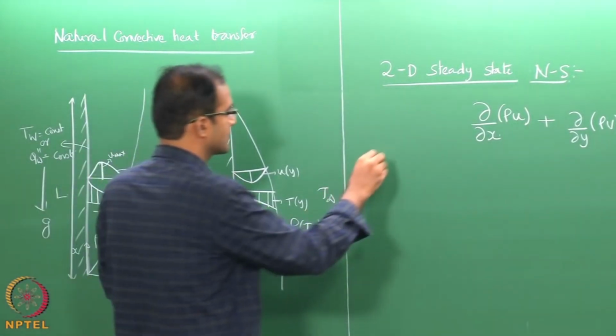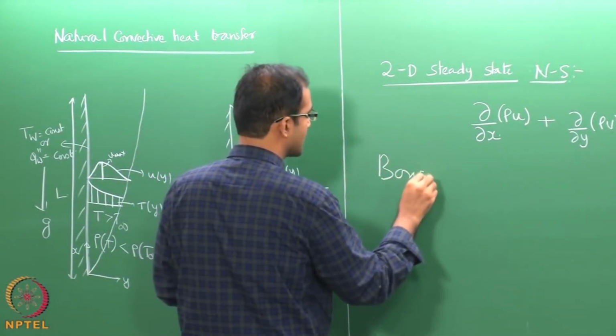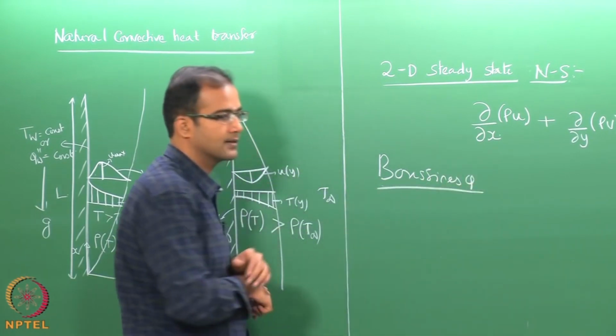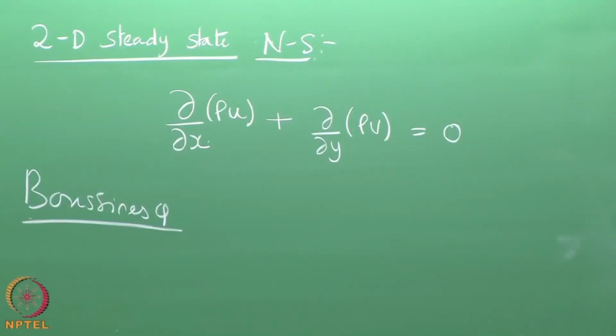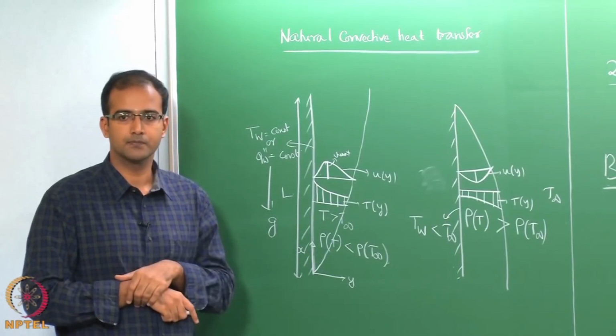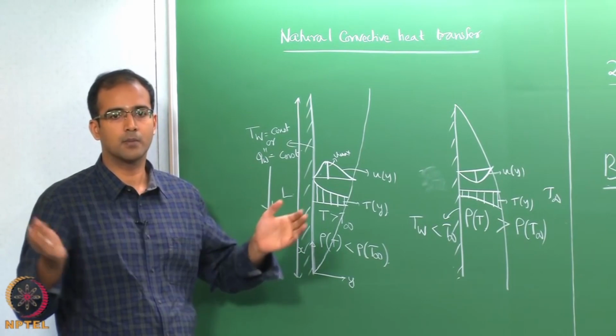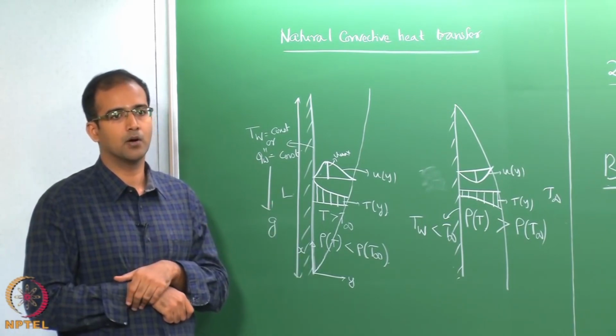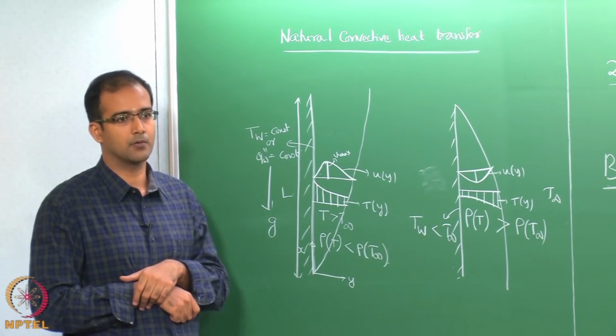Okay. So, Boussinesq made the approximation that it is fairly reasonable to treat density as a constant in the continuity equation and also for the most part of the momentum equation, except in the body force term of the momentum equation.